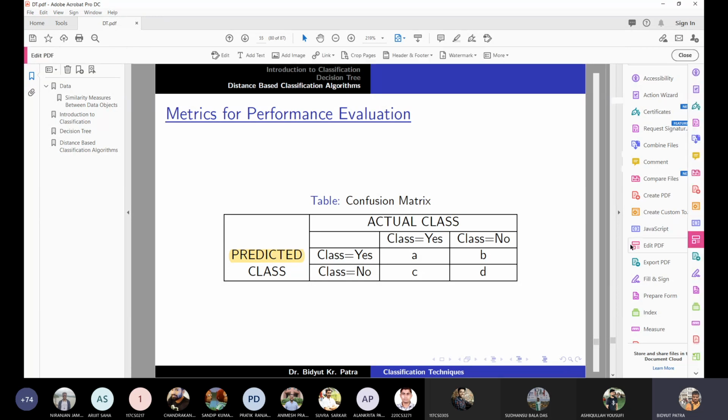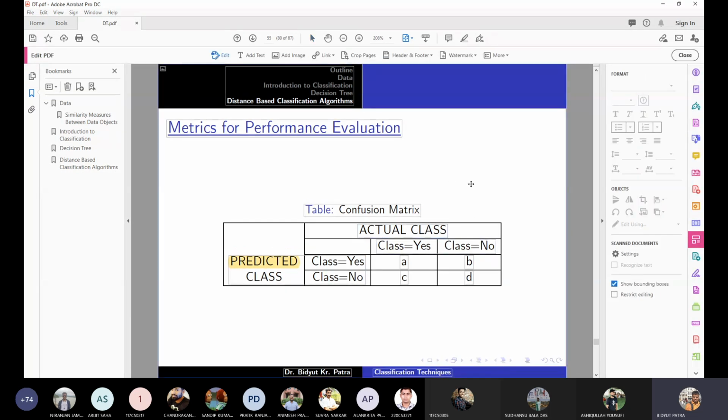So the yes class is equivalent to the positive class, and the no class is equivalent to the negative class.